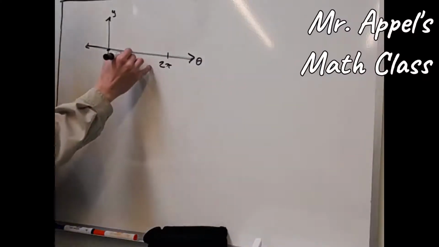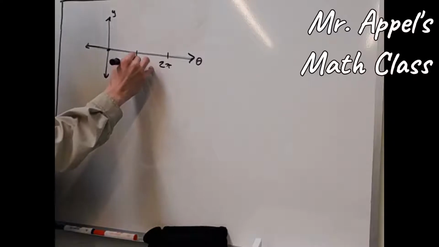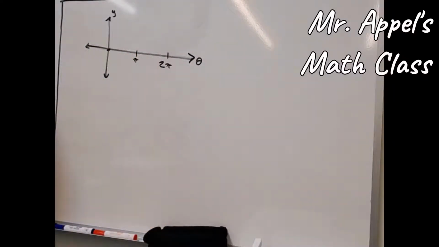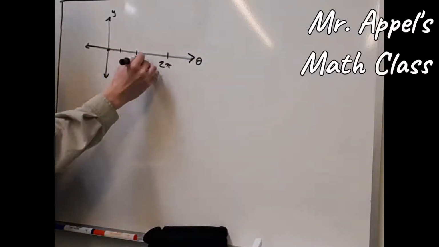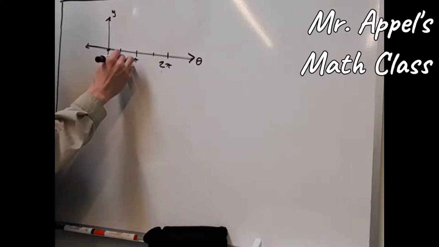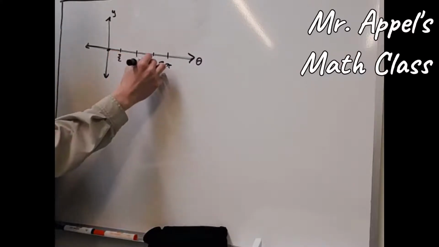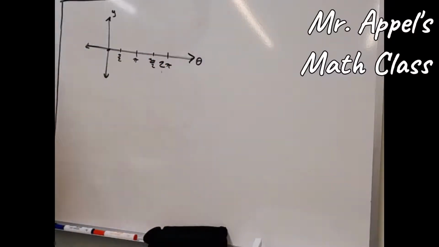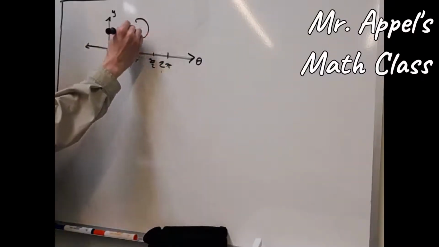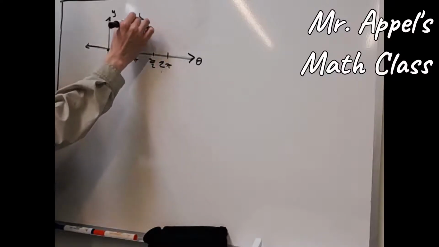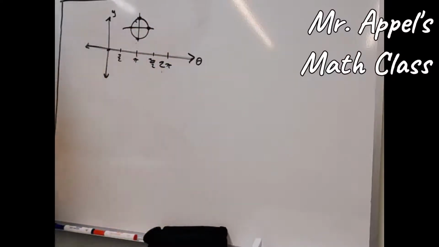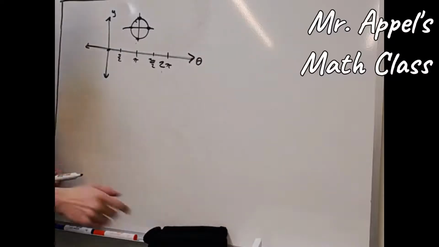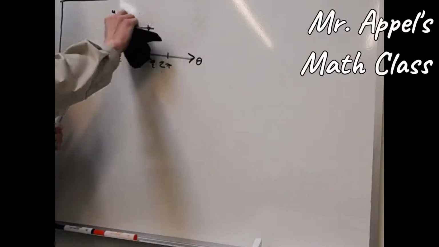And then we want half that, pi, halfway around the circle. And go ahead and mark the quarter marks as well, so that's pi over 2 and 3 pi over 2. These all correspond on your unit circle to here, here, there, and there. Those are the most important points.